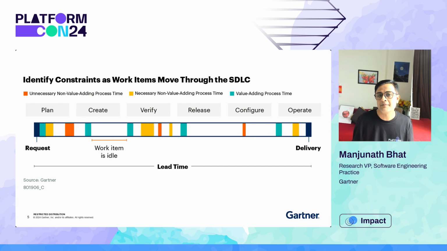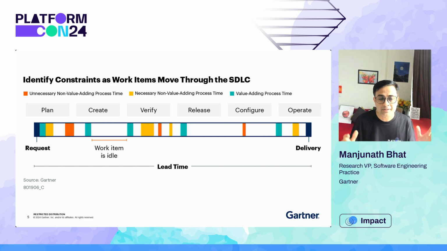But regardless of the type of constraints, these constraints which introduce delays don't necessarily translate into customer value, and customers don't necessarily see the value from their perspective, even if it's a value-added process that's taking time.